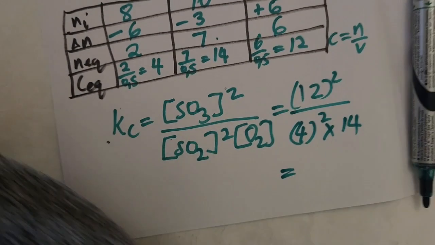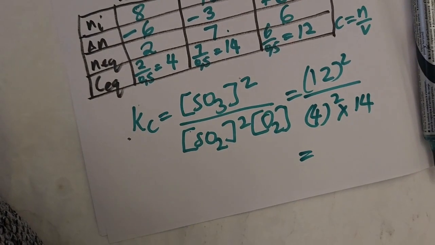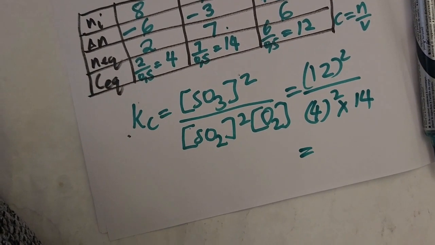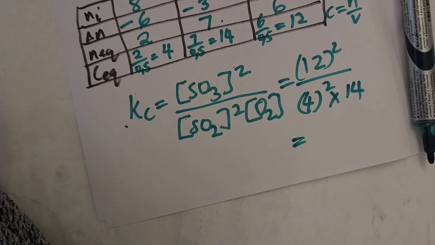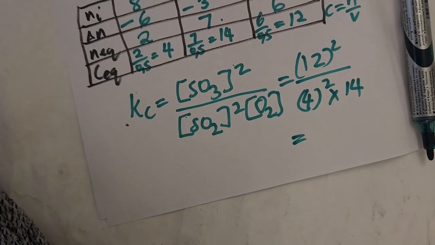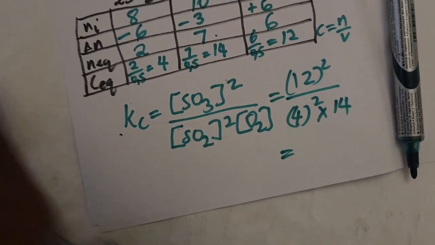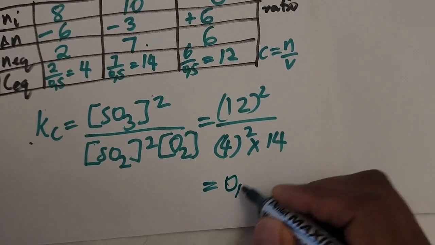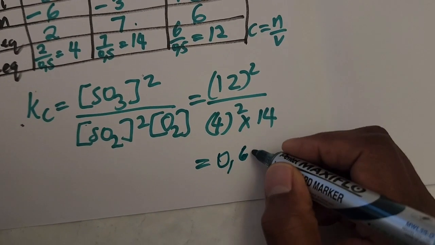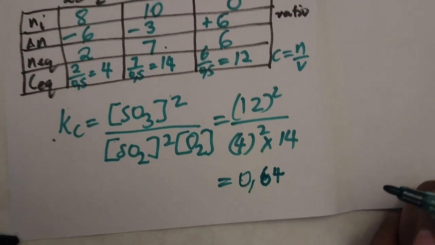Use your calculator just to confirm the answer. If you work this out with your calculator, you will end up with an answer that should be found by anyone using this. This one will give you 0.64.